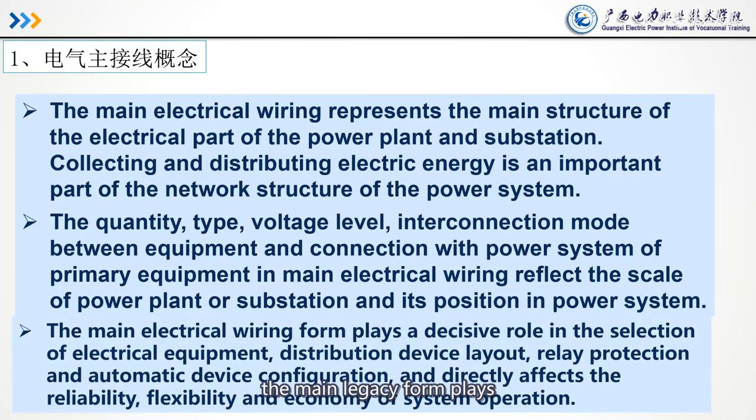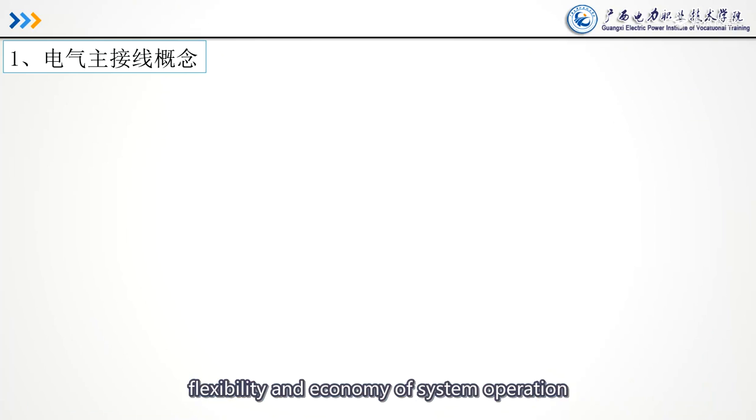The main electrical wiring form plays a decisive role in the selection of electrical equipment, distribution device layout, relay protection, and automatic device configuration, and directly affects the reliability, flexibility, and economy of system operation.